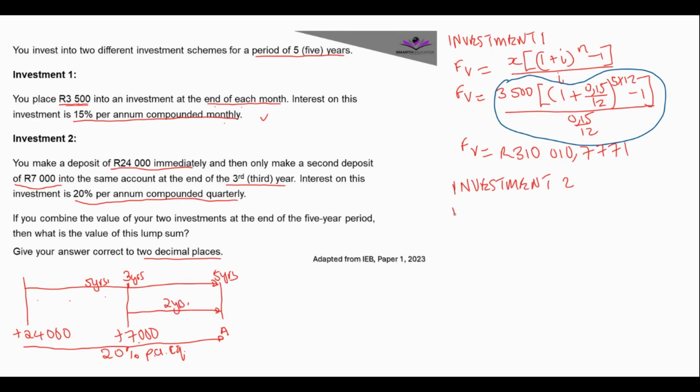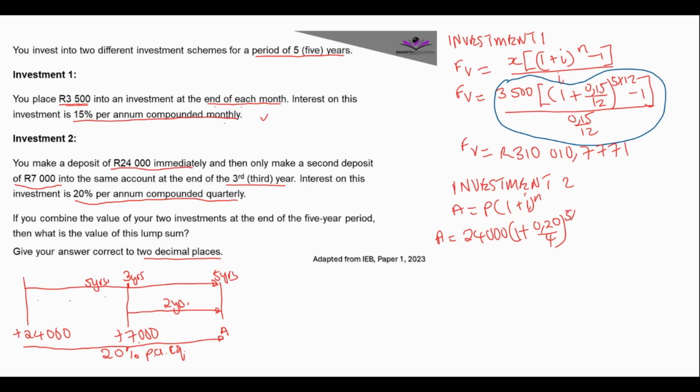We're using our formula A is equal to P times 1 plus i to the power n. And so we have A, which is the 24,000, and then 1 plus, and then the interest rate is 20% per annum compounded quarterly. So it's 0.20 divided by 4 because compounded quarterly for 5 years.